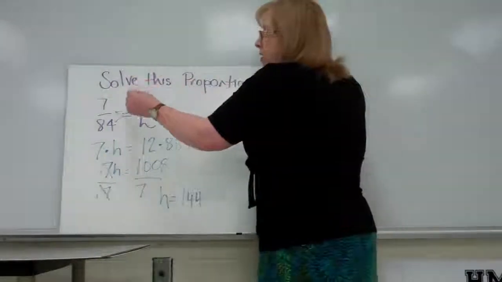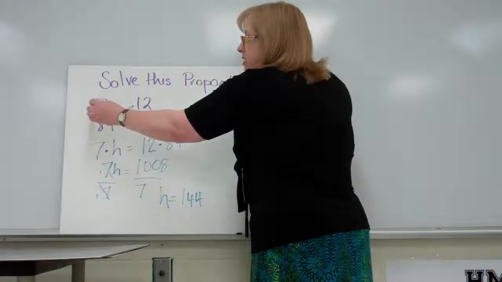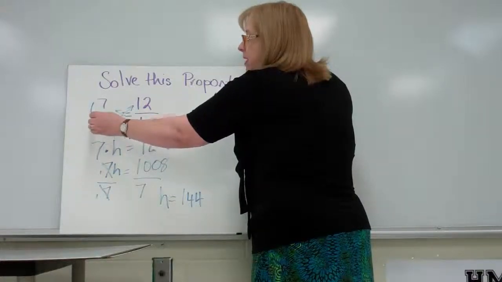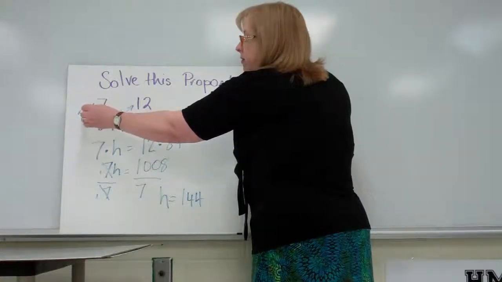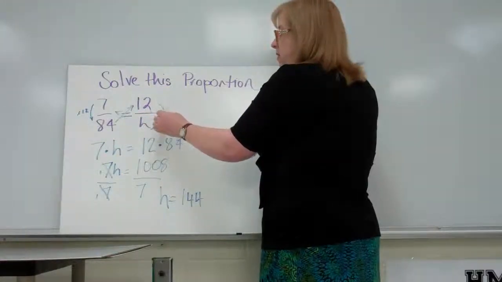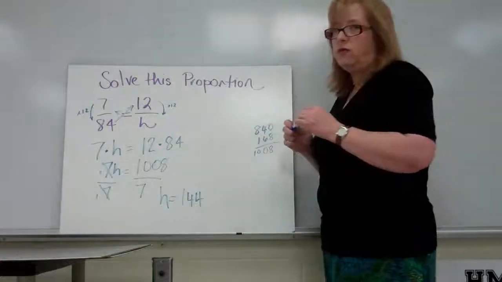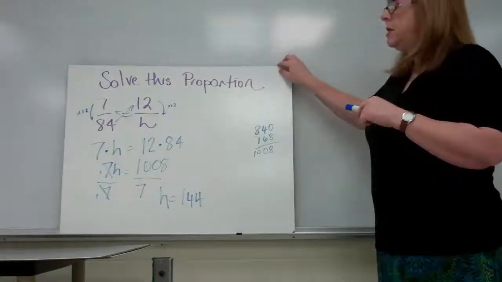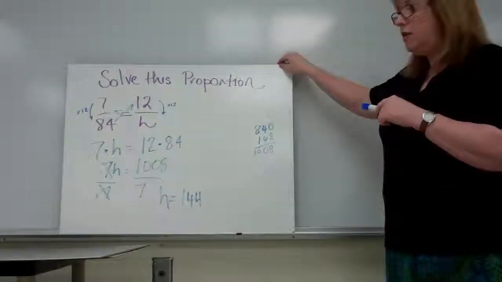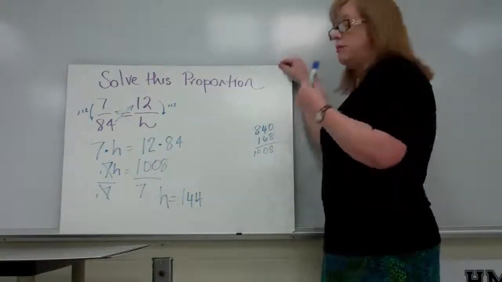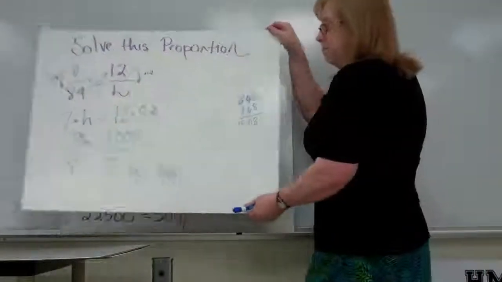Okay? But another way to look at this is we multiplied by 12 here. If I multiply by 12 here, I get 144. So that's sometimes a shortcut way to solve them if you see the relationship, but you must see it properly.